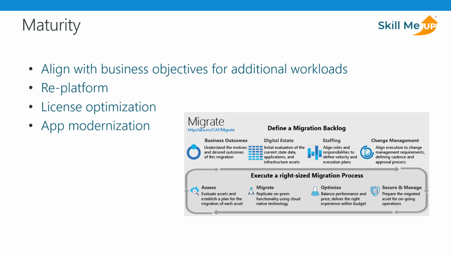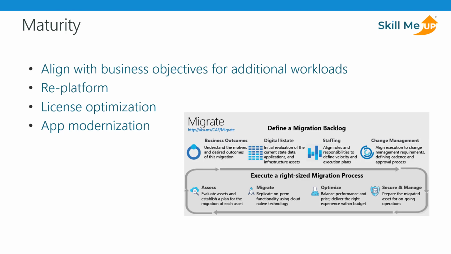Optimizing our licensing from our enterprise agreements, and bringing those licenses that we already own to decrease our costs, or do we change how we're doing our licensing? Again, SQL Database is a prime example here of where we can possibly do some license optimization by utilizing fewer CPUs and fewer processors to decrease our license cost for SQL databases.